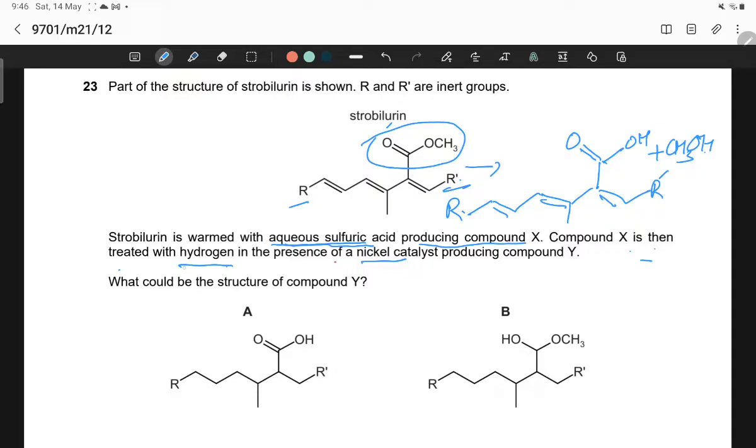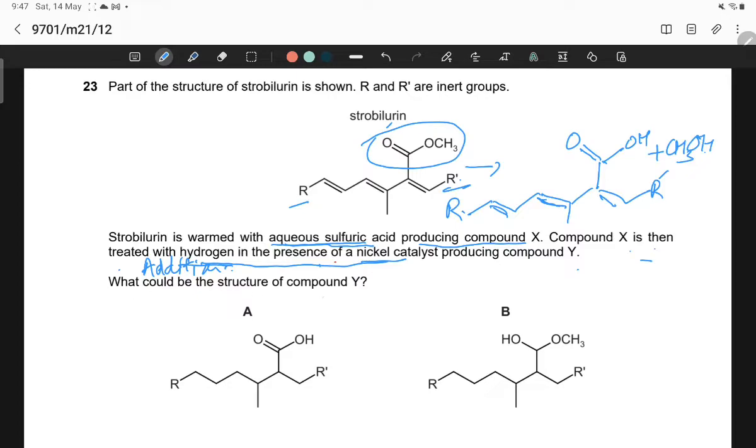Compound X is then treated with hydrogen in the presence of nickel catalyst producing compound Y. So this is addition of hydrogen. This is an addition reaction over here, and addition reaction means that all unsaturated hydrocarbons are converted into saturated. So all alkenes, all double bonds are broken down and saturated alkanes are formed.